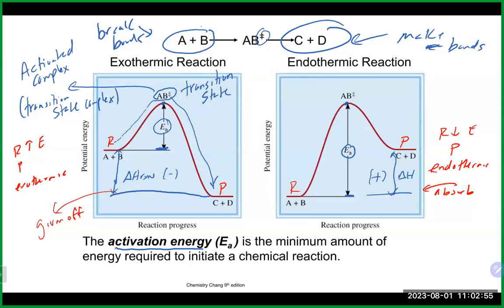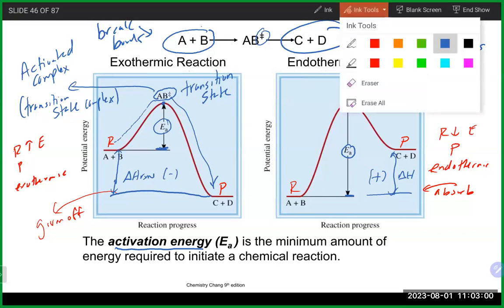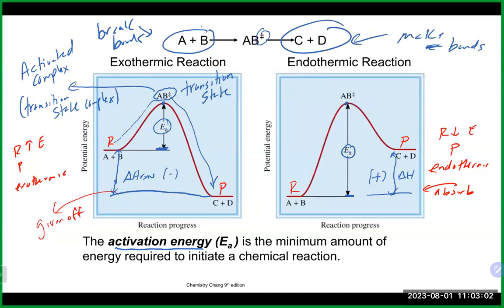Now, how does a catalyst work? As we talked a little bit about a catalyst earlier, a catalyst works by finding an alternative pathway for a reaction to take place. Ultimately, what a catalyst will do is lower the activation energy. That is because it finds a more efficient pathway for that to happen.